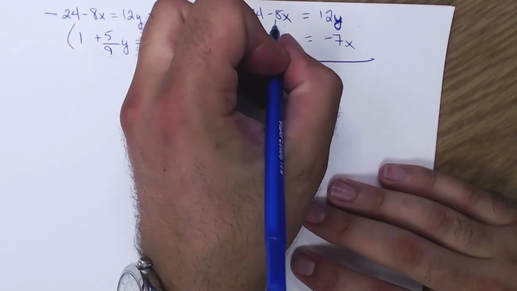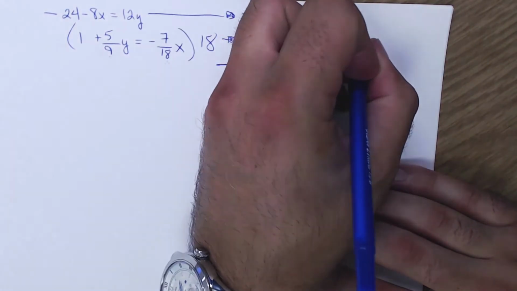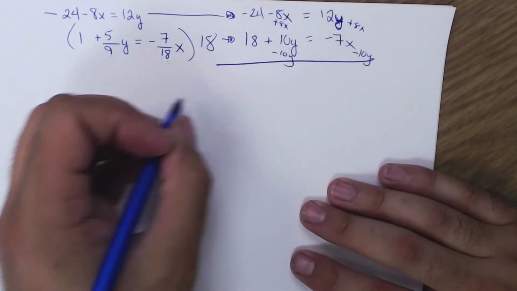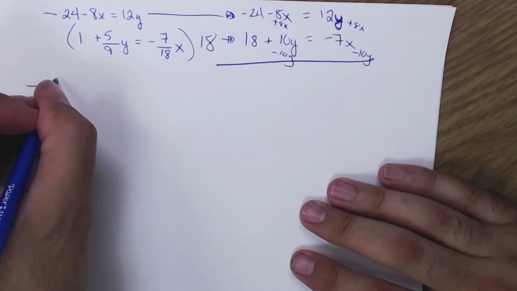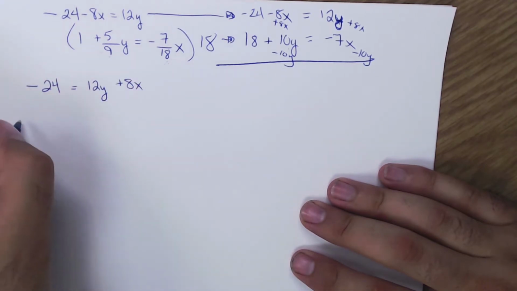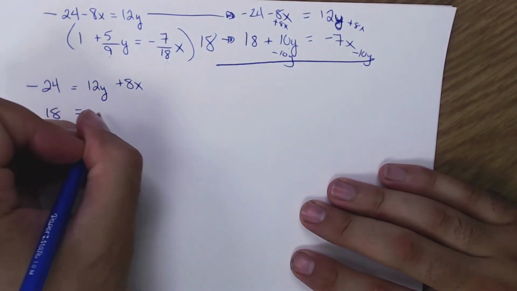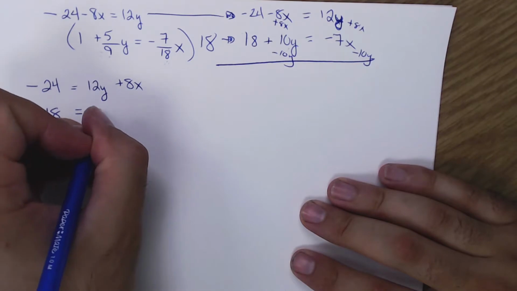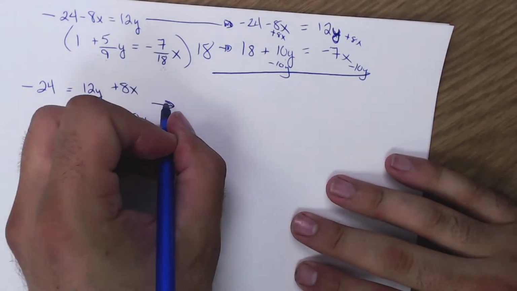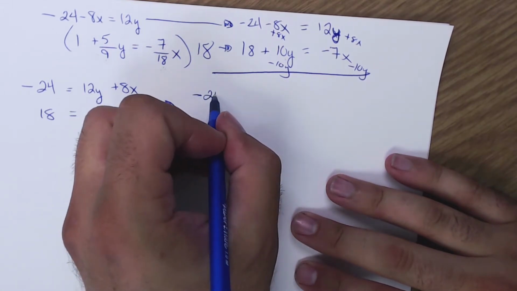So I'm going to add the 8x, subtract the 10y. So now I have negative 24 equals 12y plus 8x, 18 equaling negative 7x minus 10y. Shuffling one more time so that everything's in the right spot.